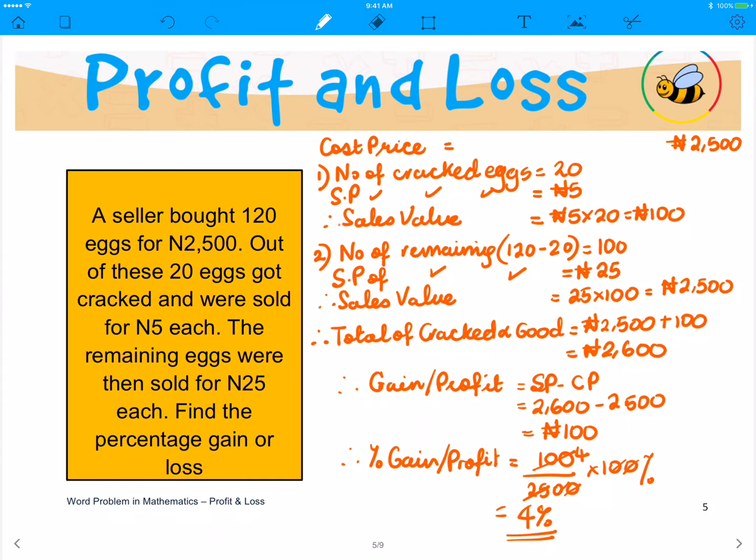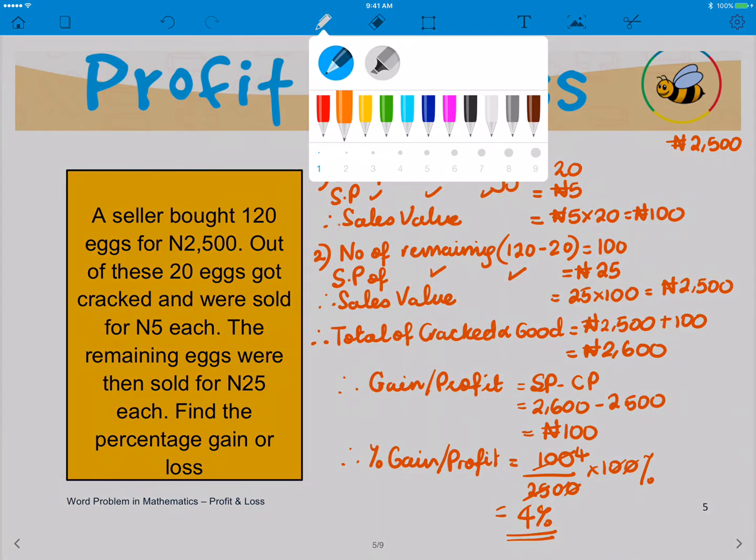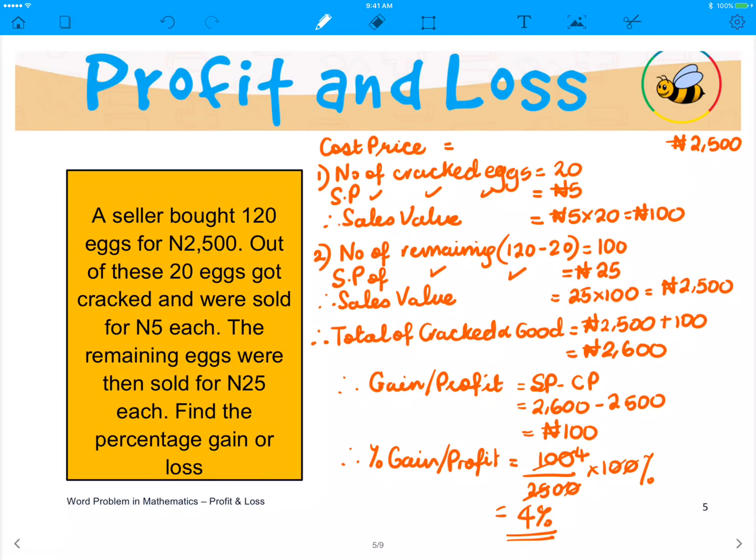So essentially, we were given the challenge of calculating the gain on a sale and the percentage gain. We started off with what we were told, the cost price. We were told other things, number of cracked eggs, unit price of the cracked eggs, and then we calculated the value of the cracked eggs. Then we were told, we then had to deduce that the remaining good eggs were 120 minus 20, giving us 100. We were told that the selling price of each good egg was 25 naira.